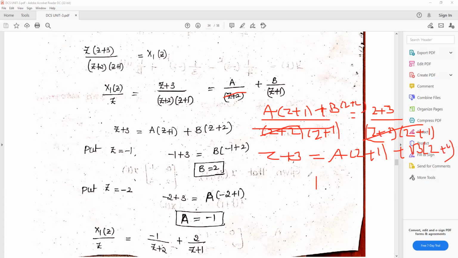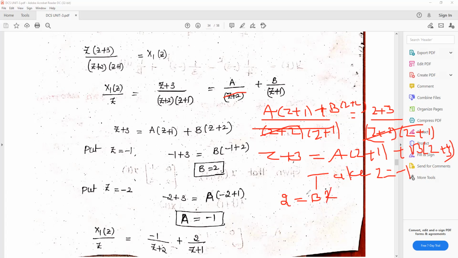Take the first term, the a term, as 0. So the z value is minus 1. Minus 1 plus 3 is 2. The a term is 0. For the b term, z plus 3, minus 1 plus 3 is 2.